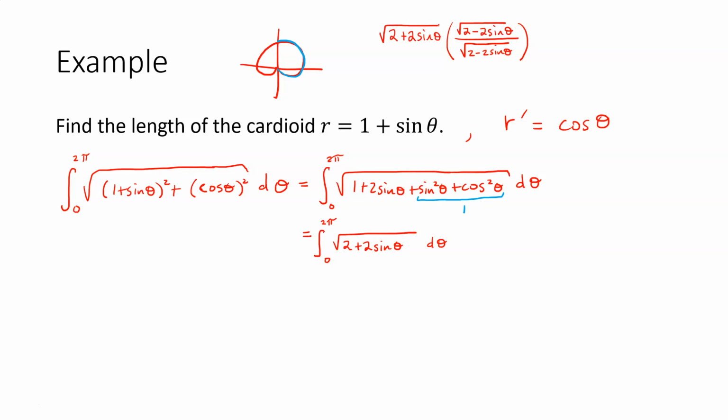When I multiply these two square roots in the numerator together, we get 4 minus 4 sine squared inside the square root, just foiling those out. When I factor out the 4, we get a 2 on the outside.